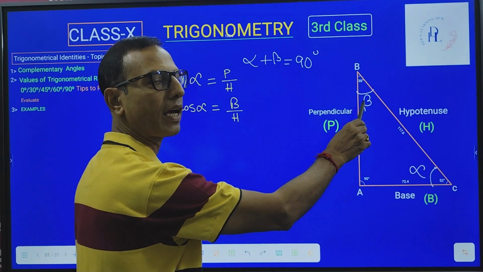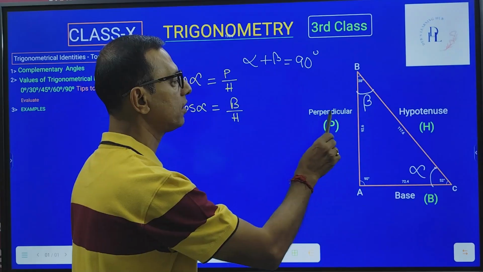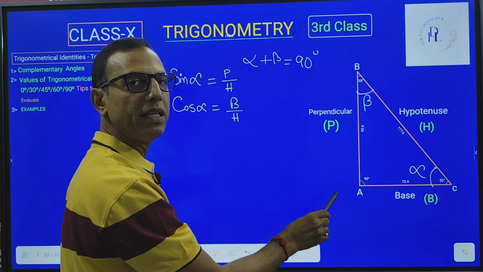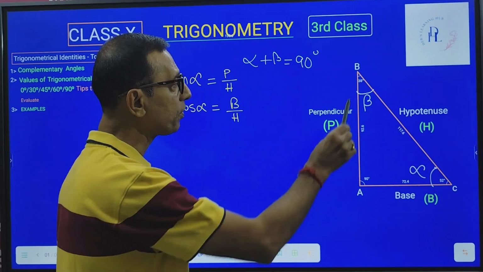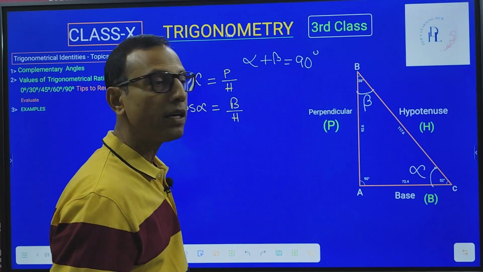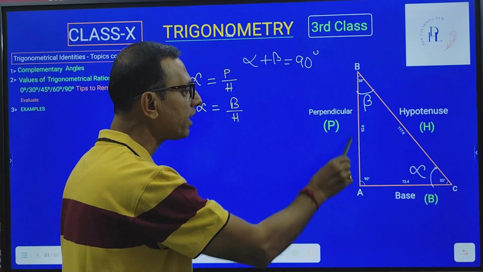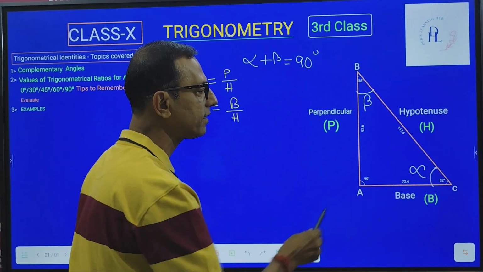When you consider sine alpha, you consider perpendicular as AB and BC as the hypotenuse, so P by H. But if you consider sine beta, you consider AB as base and AC as perpendicular.